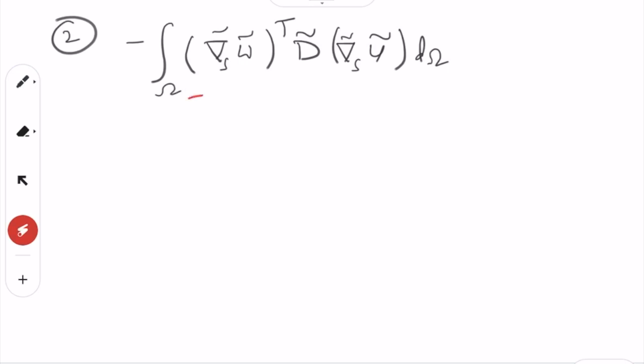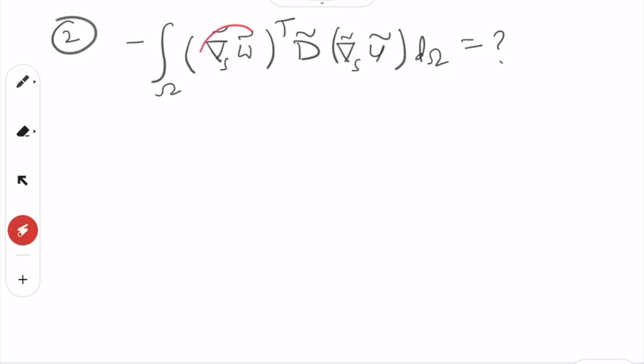Now we have to find out what this equals. So, let us look at this.